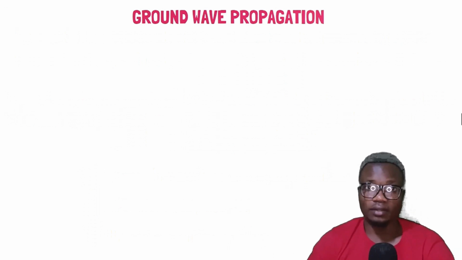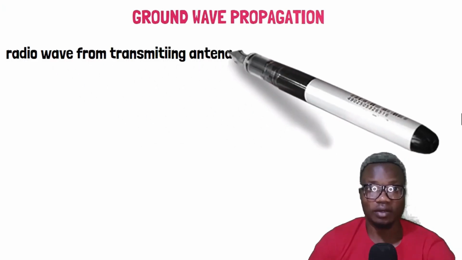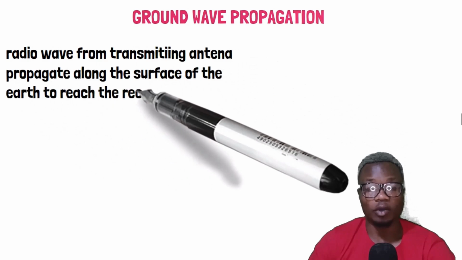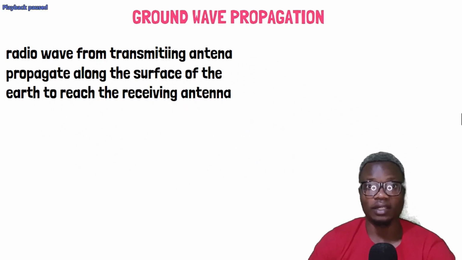Let us now see ground wave propagation. This means the radio waves are transmitted and propagated from one transmitter to another receiver on the Earth's surface. We have the transmitter and the receiver, both installed on the Earth's surface.